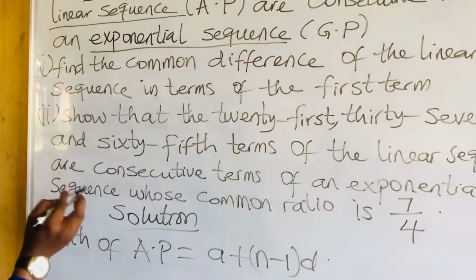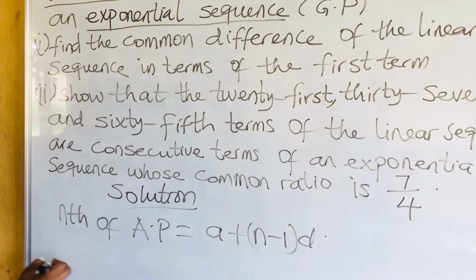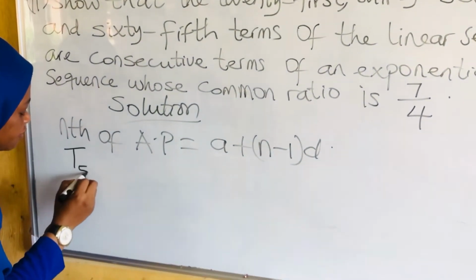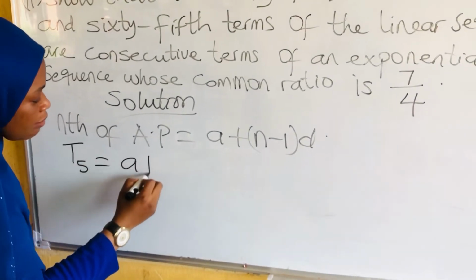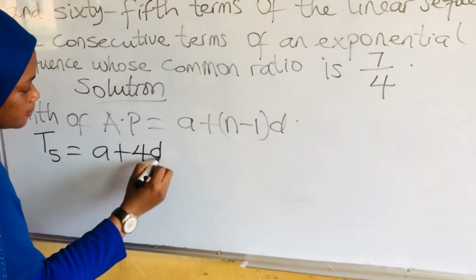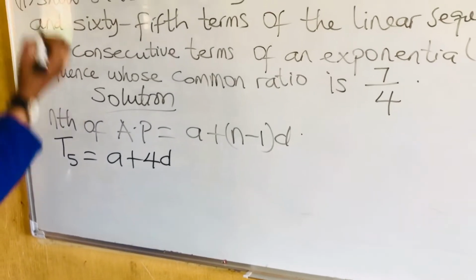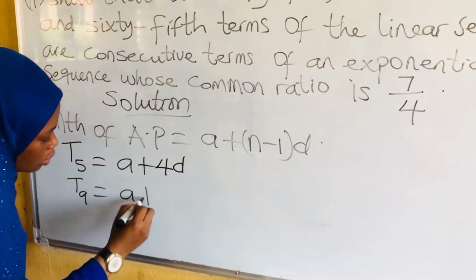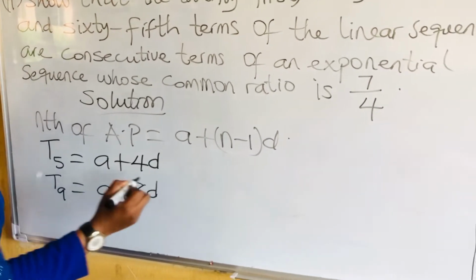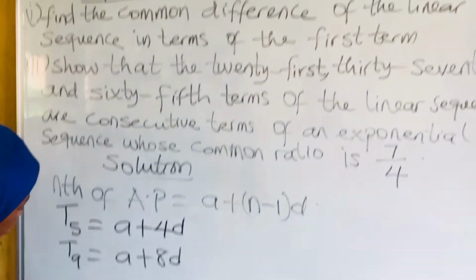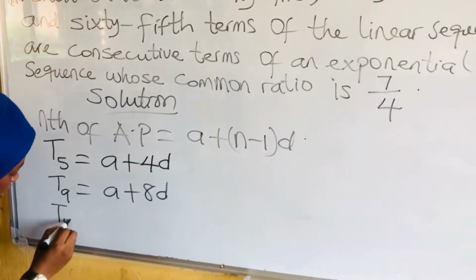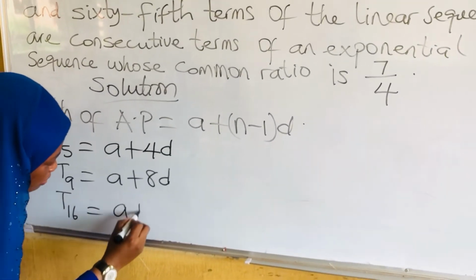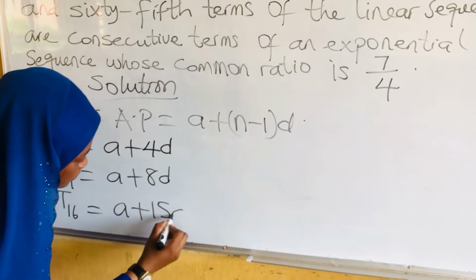The 5th term of an AP can be written as a plus 4d, and the 9th term can be written as a plus 8d, and the 16th term can be written as T subscript 16 is equal to a plus 15d.